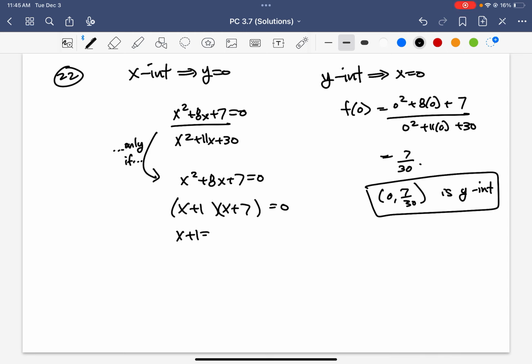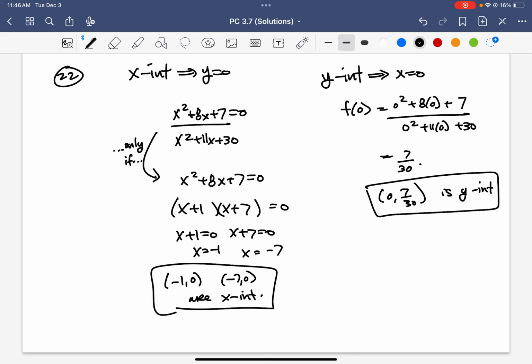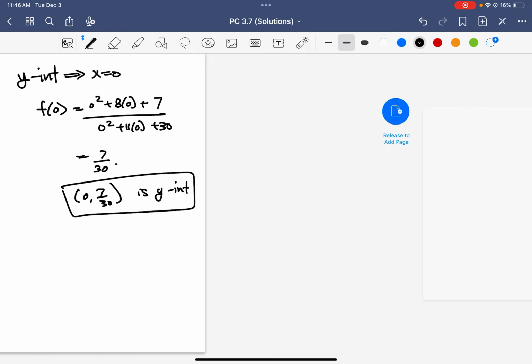So either this is 0 or this is 0, meaning -1 and -7 are our x-intercepts. So (-1, 0) and (-7, 0) are our x-intercepts. That's 22.